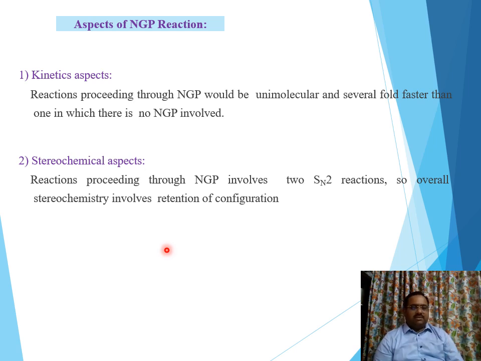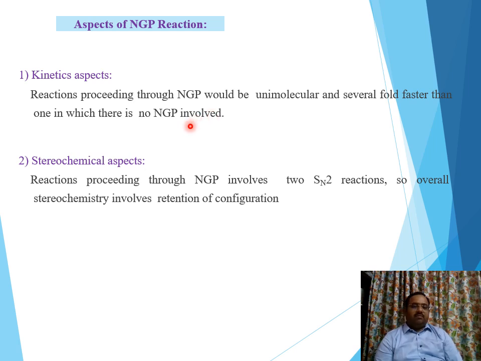That is, the reaction proceeding through the NGP would be unimolecular and several fold faster than one in which there is no NGP involved. And in this there is a formation of a three-centered bridged ion, right, which is an intermediate in this reaction.